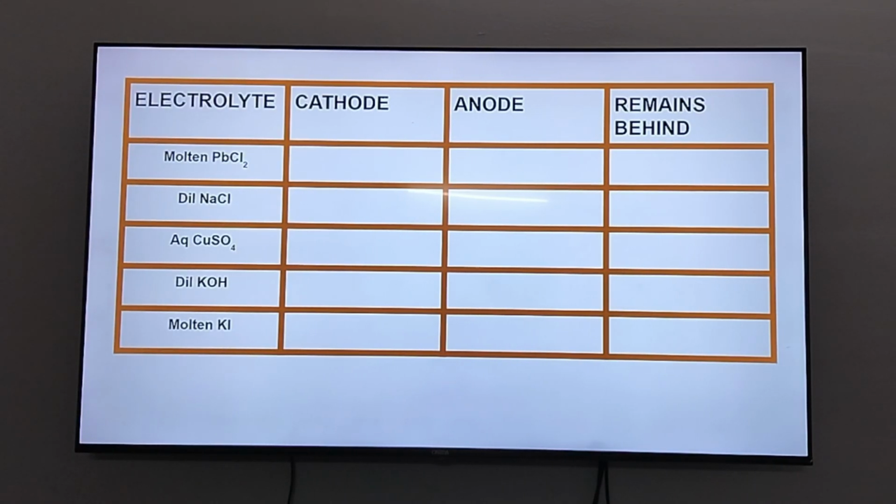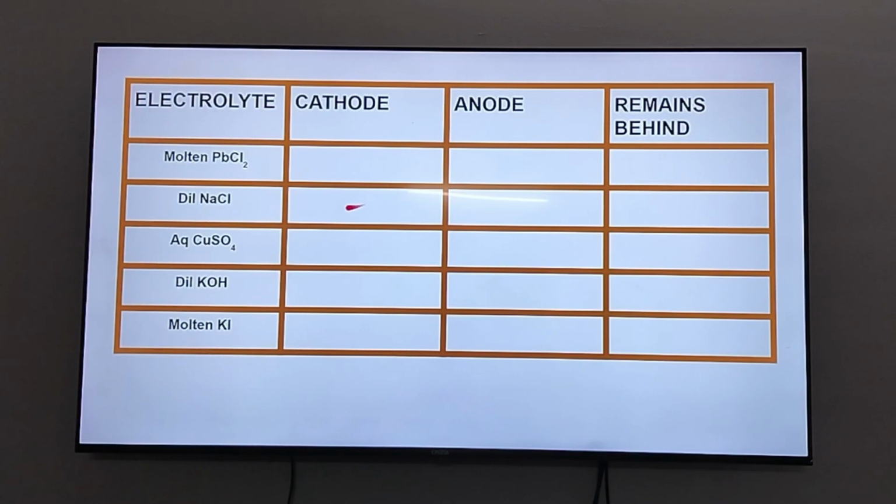Yes, I'm not correct. Sodium is not in the list of those noble metals. So when it is a dilute solution, instead of sodium, hydrogen goes to the cathode, and because it's dilute, chlorine doesn't go; hydroxide goes to the anode, hence oxygen gas is formed.